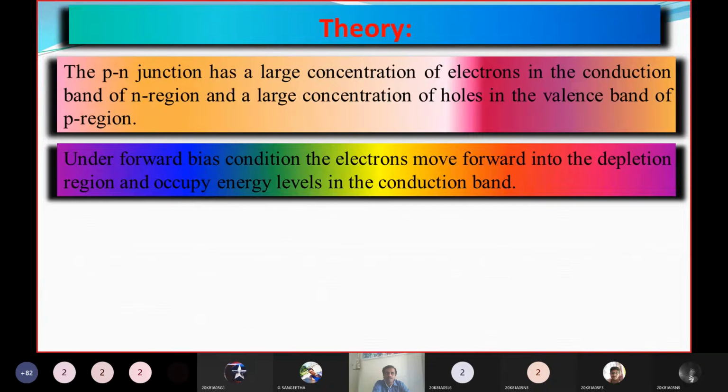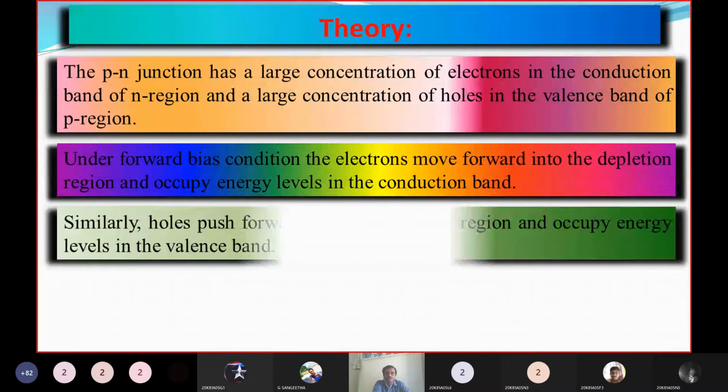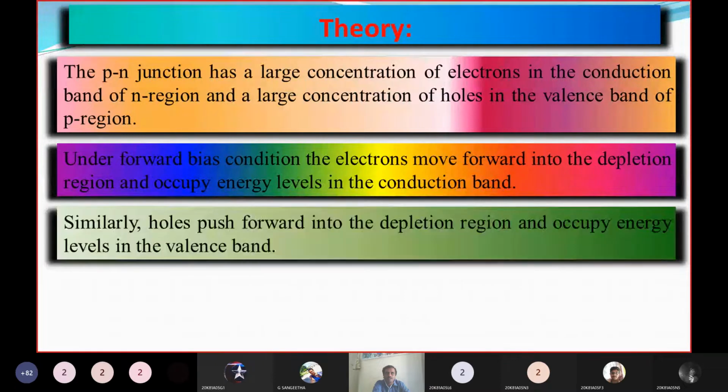Electrons are repelled by the negative terminal of the battery, so they move towards the depletion region. Similarly, the P region is connected to the positive terminal of the battery, so holes move towards the depletion region and occupy the energy levels of the valence band.